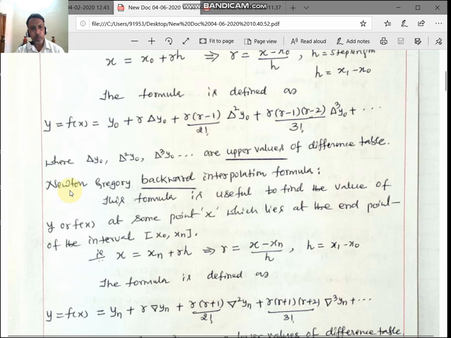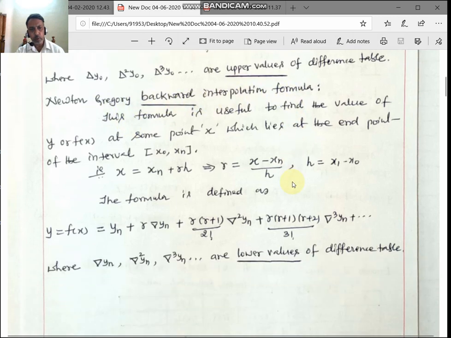Similarly, another formula is Newton's Gregory backward interpolation formula. This formula is useful to find the value of y or fx at some point x. This x lies at the end point of the interval x0, xn. Whenever that x lies near the end point xn, then we use this formula known as Newton's Gregory backward interpolation formula.